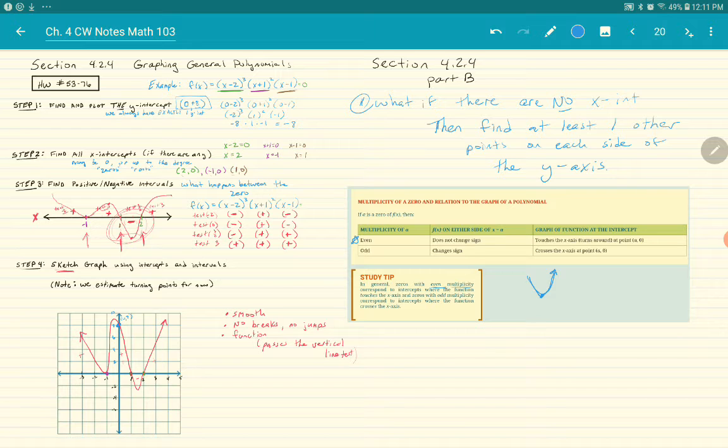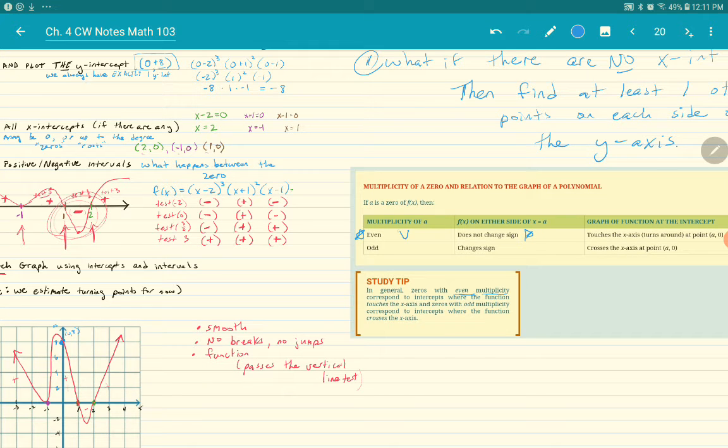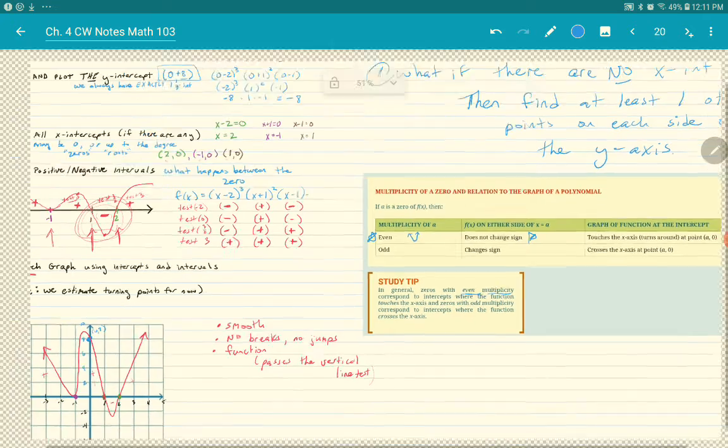It doesn't cross. So in general, if you have an even root, then you don't change signs and you end up just touching the x-axis and turning back around. So with even, you can think about that parabola shape that bounces back up. It touches the x-axis and then turns around.